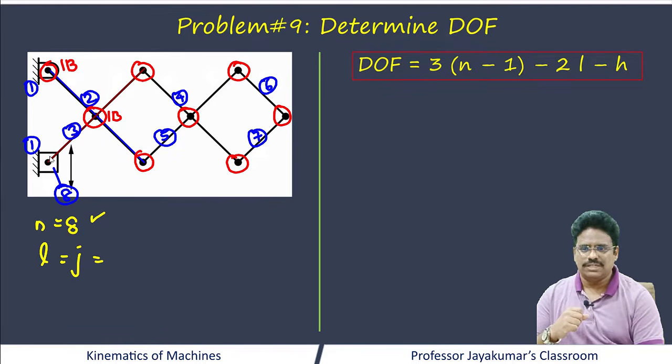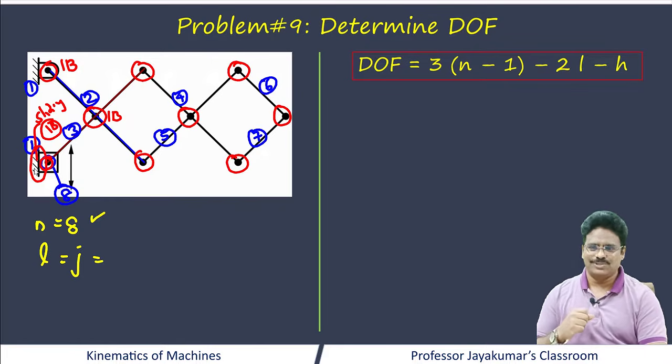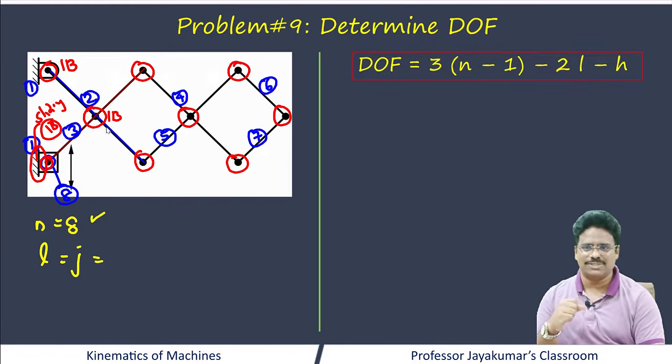Now here we have one binary between 3 and 8, and also here we have one sliding as well. So one more binary. So here I have 2 binaries. So let me count them. 1, 2, 3, 4, 5, 6, 7, 8.